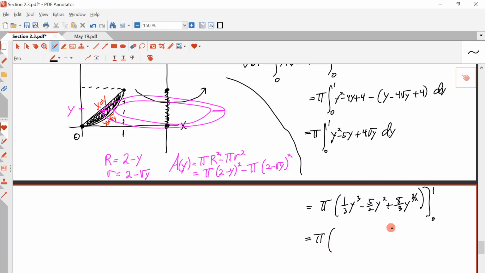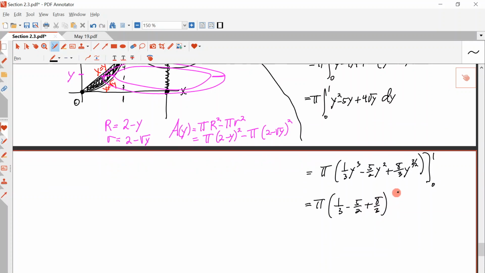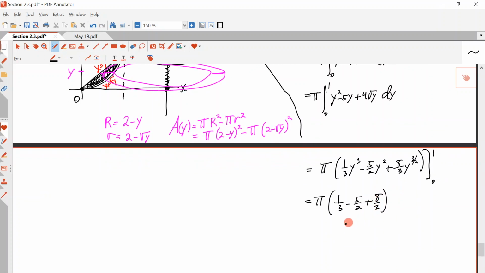So it's pi times 1/3 minus 5/2 plus 8/3. So what we get is pi times 9/3.